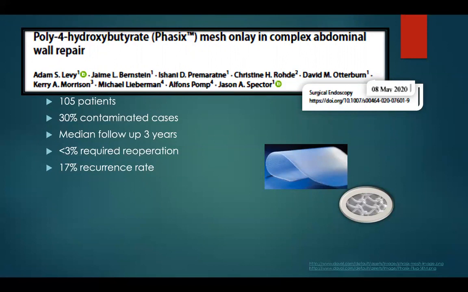Median follow-up at 3 years and 105 patients. Now it's important to note in this particular study, only 30% of the 105 patients were contaminated cases, yet less than 3% required a reoperation, meaning mesh excision included in that, yet with a compromise of a 17% recurrence rate. So definitely that give and take, independent of what biologic mesh you're using.